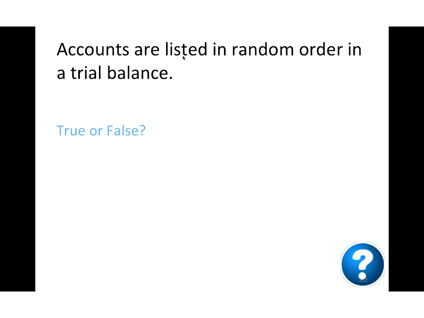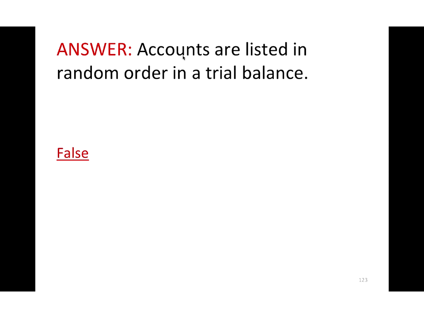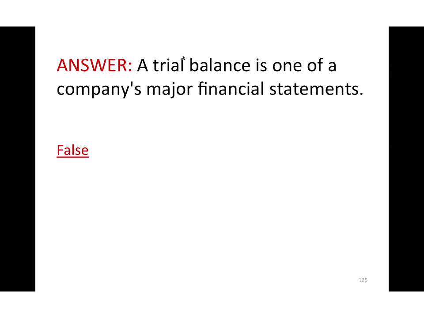There is the answer. Accounts are listed in random order on a trial balance, true or false? There's no suspense there, right? Accounts are not listed in random order. The first account in every balance sheet and every trial balance is cash. Next: a trial balance is one of a company's major financial statements. That one is false.